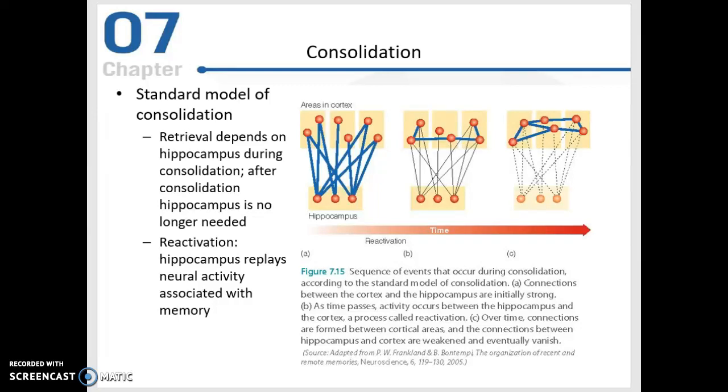But from a systems approach, over time, the more that memory is accessed and the more that long-term potentiation happens, the less your cortex is relying on the hippocampus for that particular process. So you'll see at point C at the bottom, it says over time, connections are formed between cortical areas, and the connections between the hippocampus and cortex are weakened and eventually vanish.